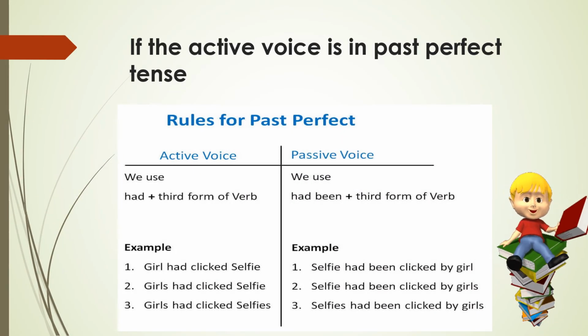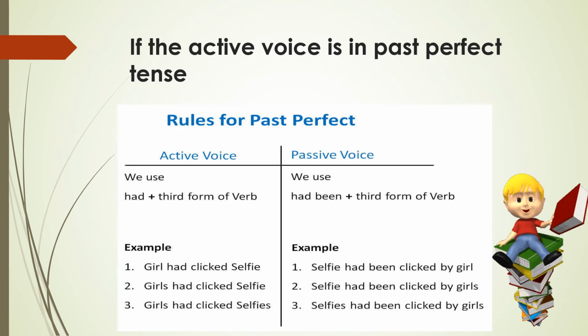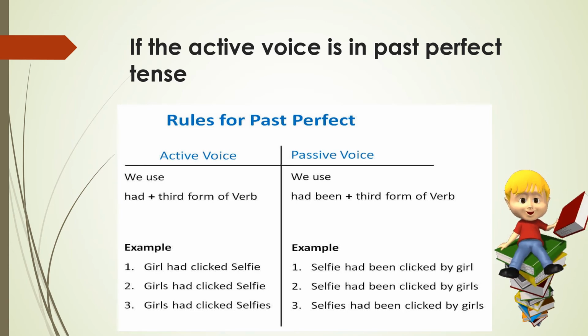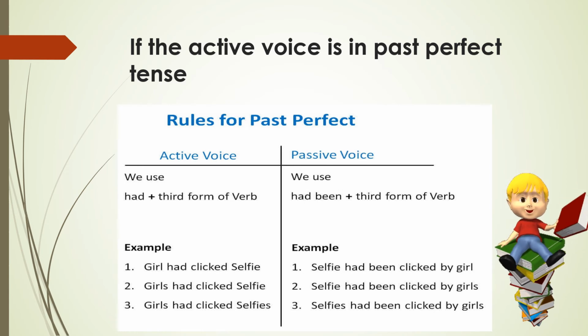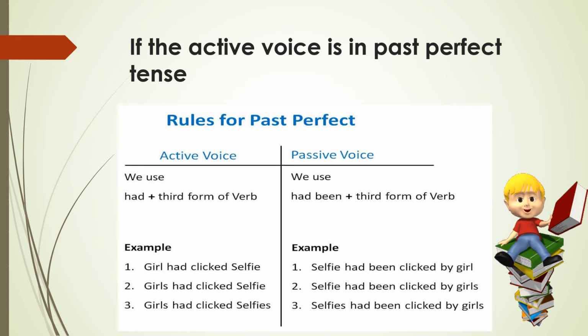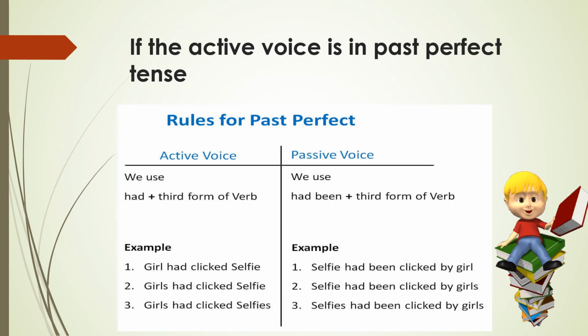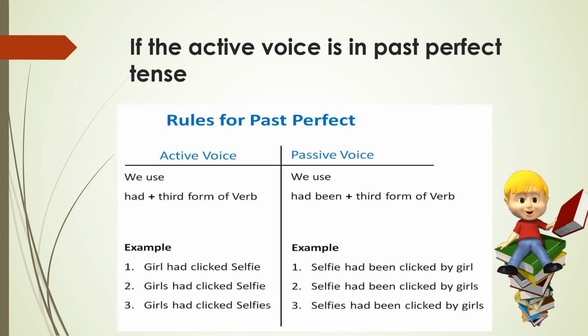Okay, if you see this slide, if the active is given in past perfect tense, we all know that in past perfect tense there is a helping verb had, and it is followed by the third form of the verb, right? This kind of sentence will be really helpful for you, because the third form of the verb is already written in the sentence. So you just take it from the sentence, and you add a new word, that is been, right?